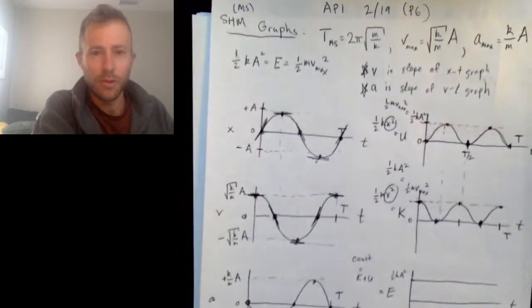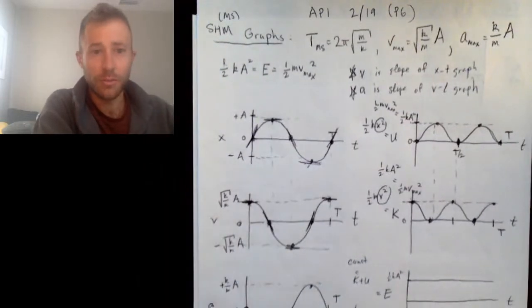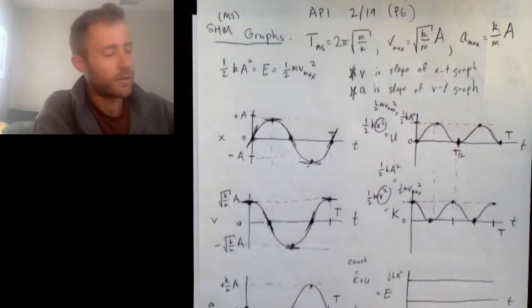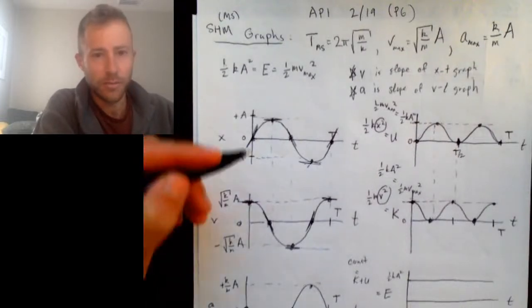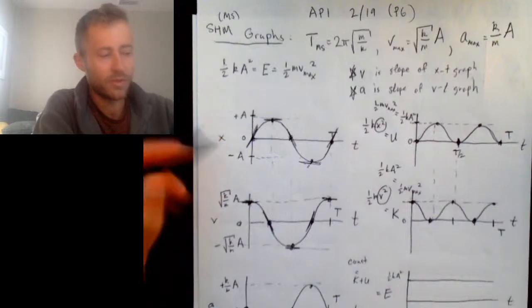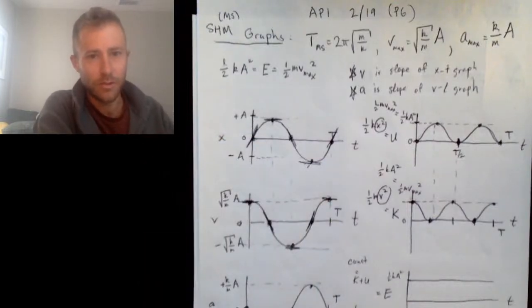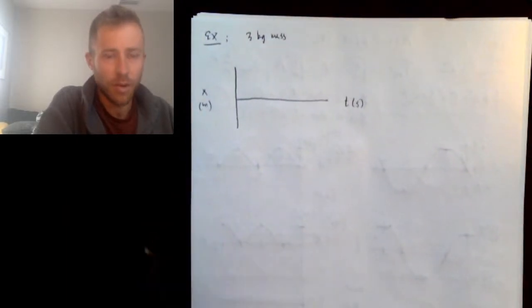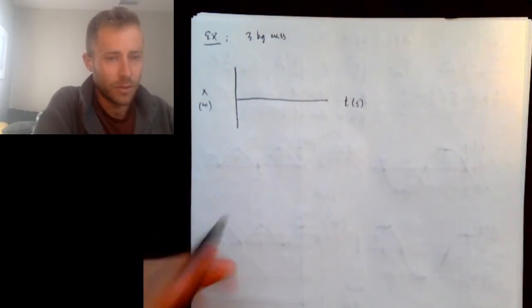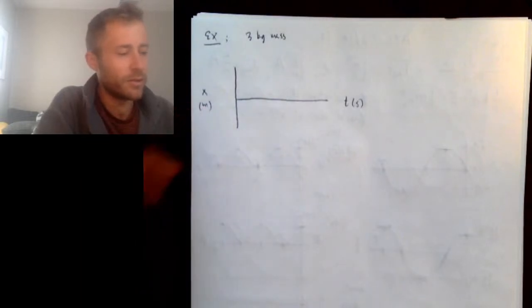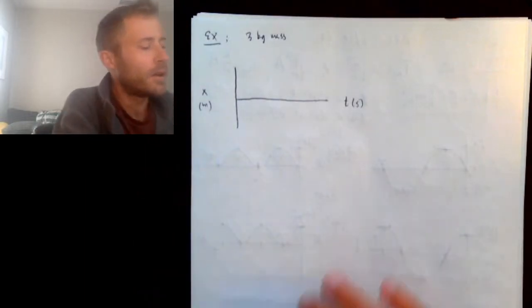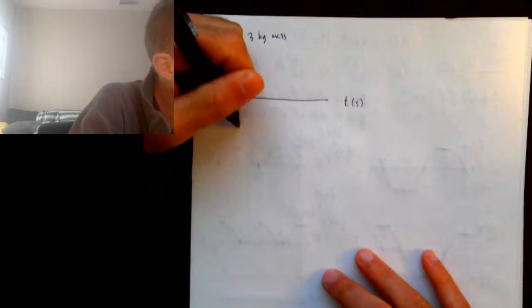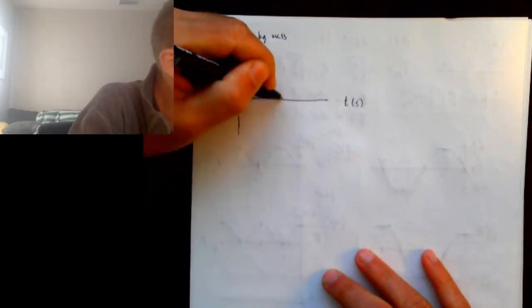When I was going over this before, I was just talking conceptually about graphs. And so in that case, I don't have to put units. So I just have position, time without units. But when you are talking about a concrete problem with actual numbers that are representing reality, you need to put units on there. And so here is the graph.